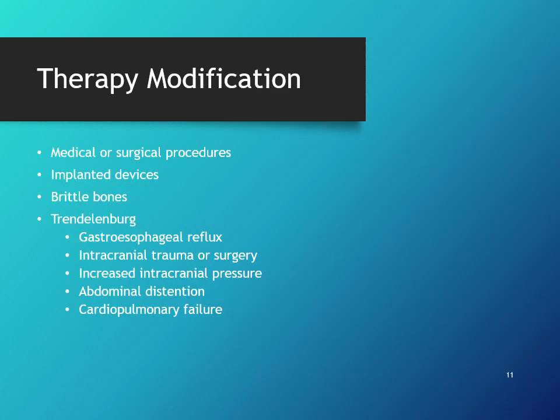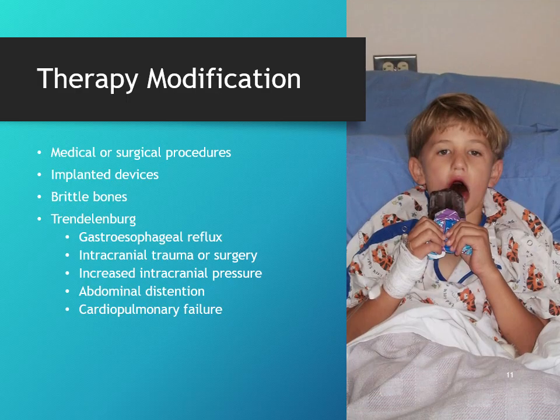Hey guys, so there are some times when we are going to either modify or not do ACTs. We may withhold ACTs, especially percussion, when a platelet count is pretty low.